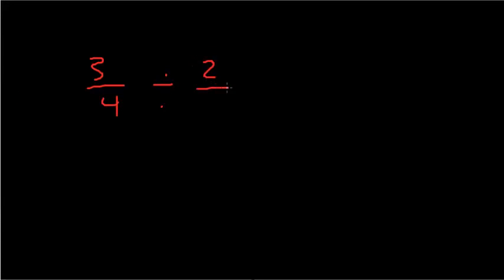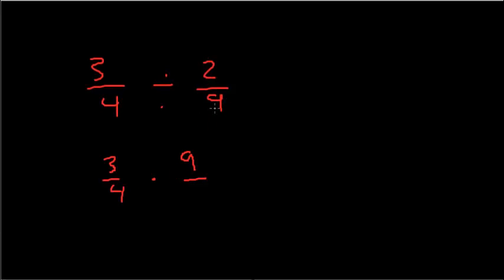If we take a look at another example, let's say we have 3/4 divided by 2/9. We're going to change this into a multiplication problem. We have our 3/4. We're going to multiply it now by the reciprocal of 2/9. So my denominator becomes my numerator, and my numerator becomes my denominator.